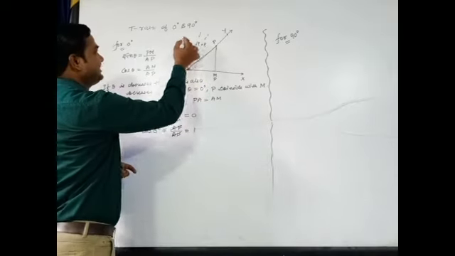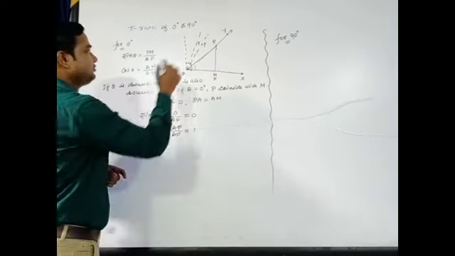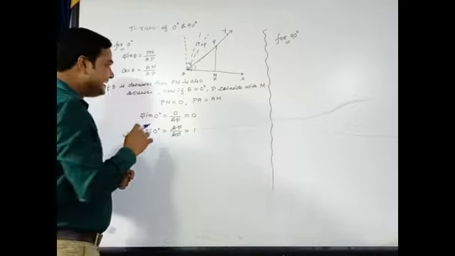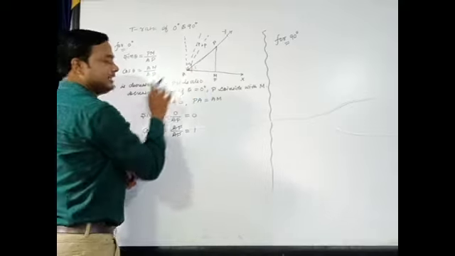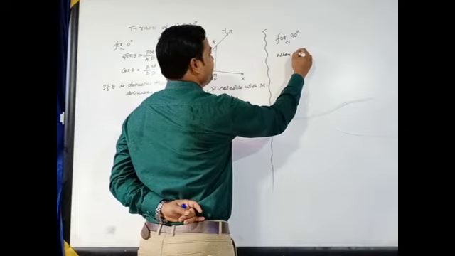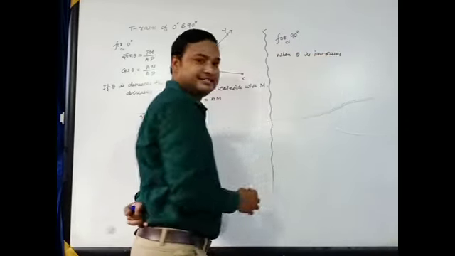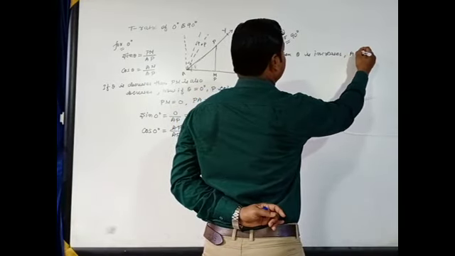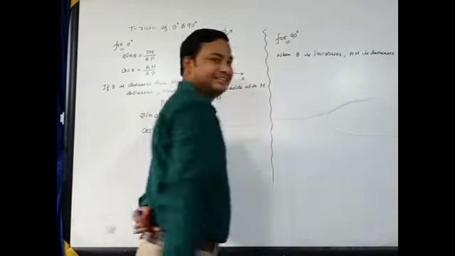And if theta equal to 90 degree, this P is here, it means the value of AP and PM is same and the value of AM is 0. It means when theta increases, AM decreases.